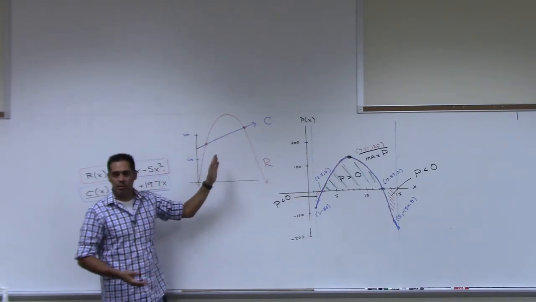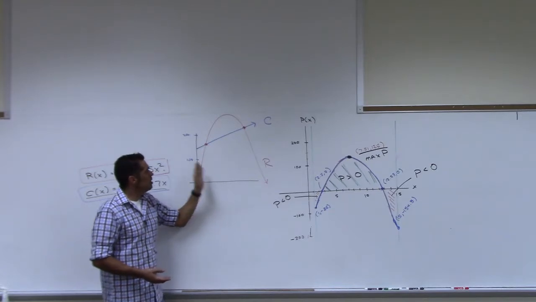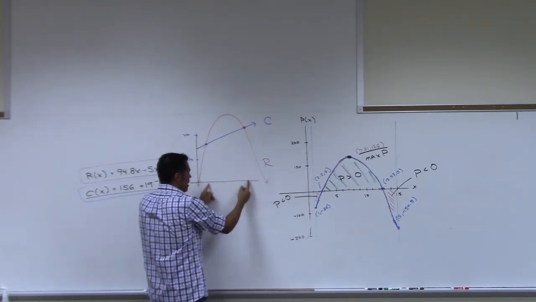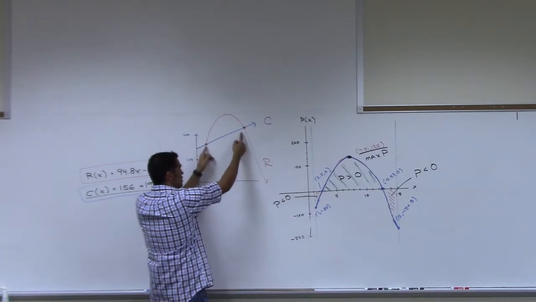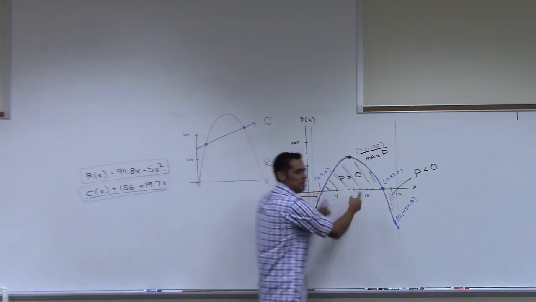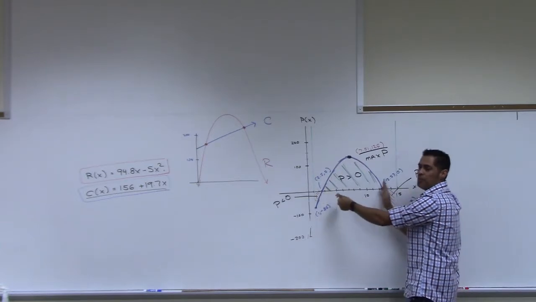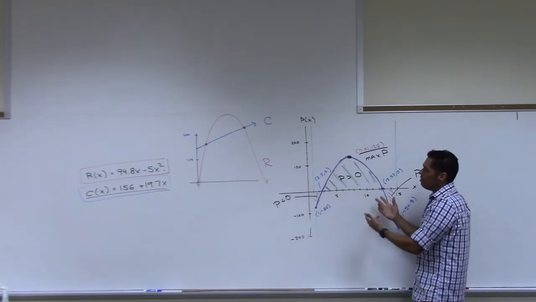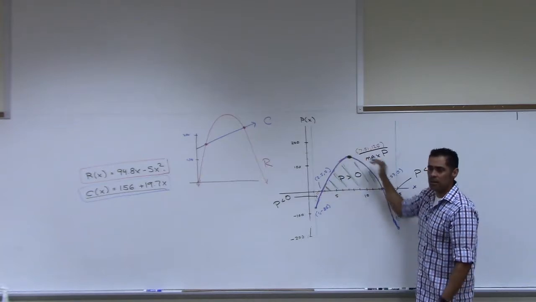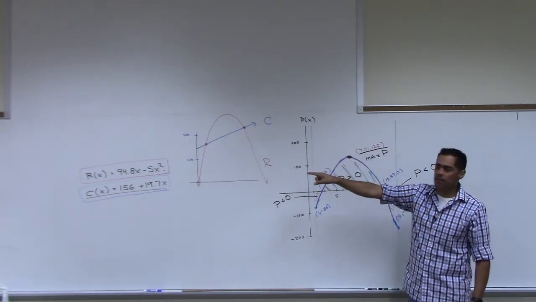Now, I don't like this approach, and here's why. These two points where they hit each other are identical to these two. They're the same 2 points. It would be 2.5 and 12.5. Also, here we can get the maximum profit, but over there you can't.